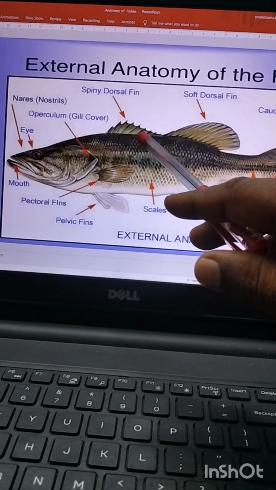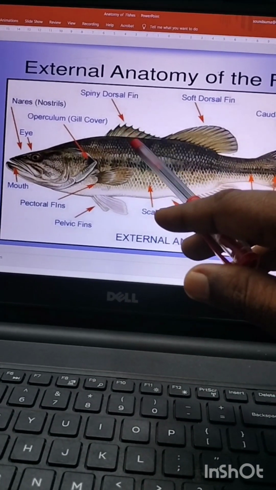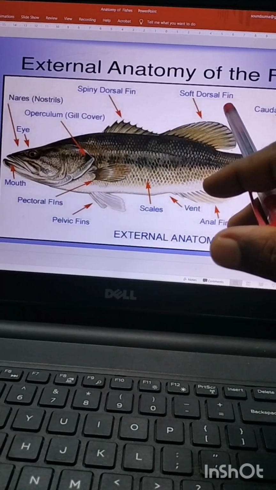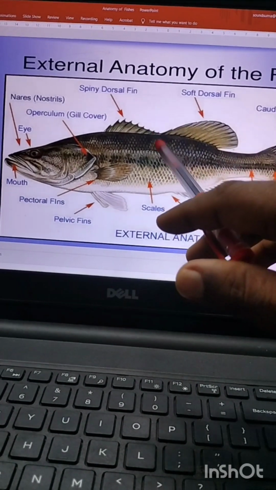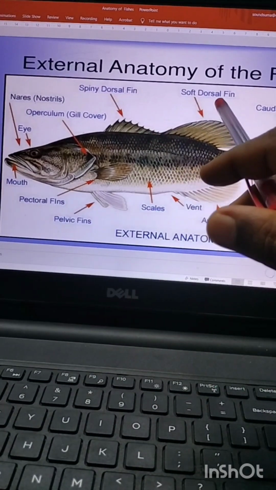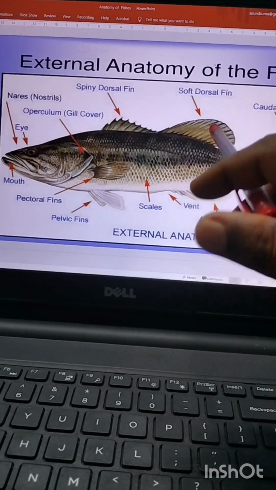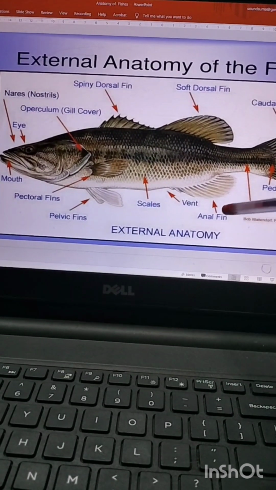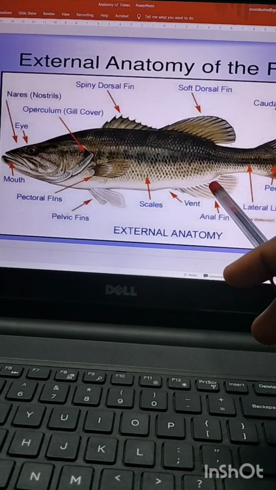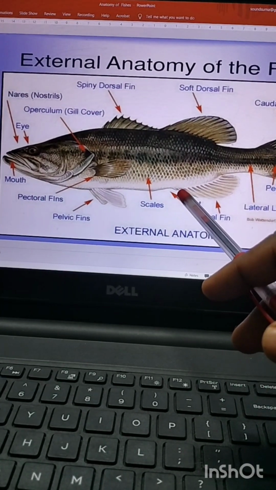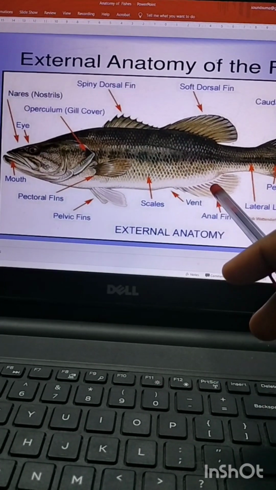It is not a pair, it is single. And another dorsal fin is there. Just behind the spiny dorsal fin, you can see the soft dorsal fin. And on the ventral side, you can see the anal fin. Why is it called the anal fin? Because it is very near to the anus. So it is called the anal fin.